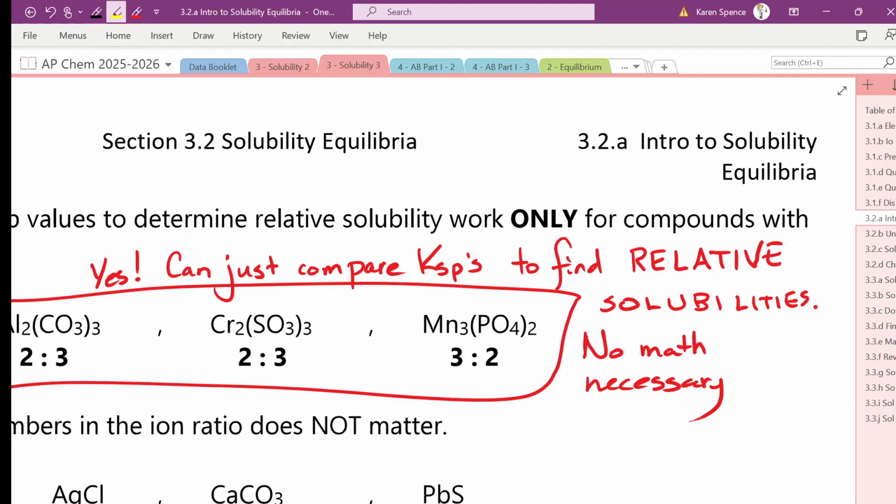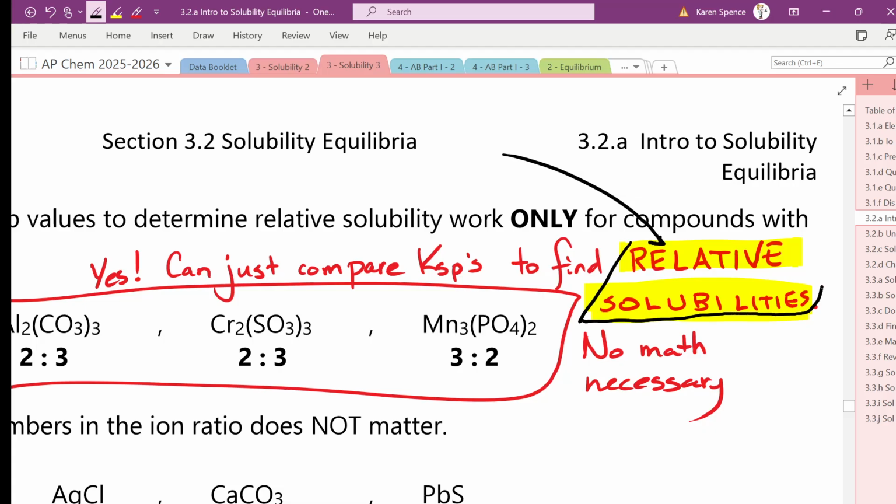Please tell your partner, what do I mean by relative solubilities? What do I mean by relative solubilities?